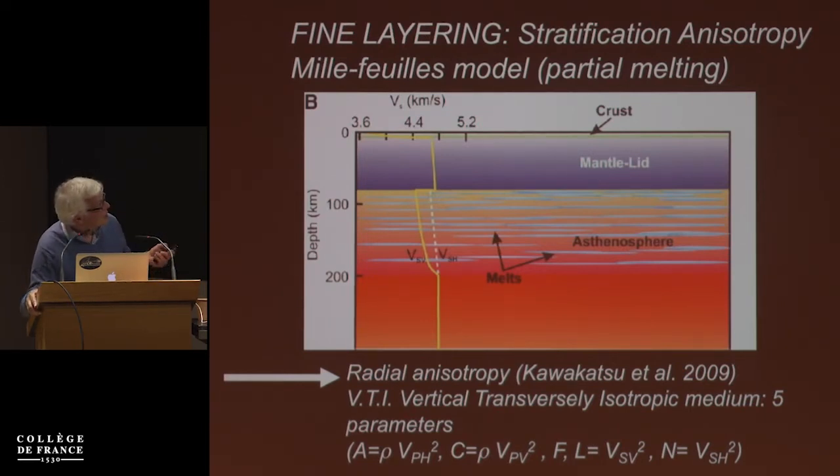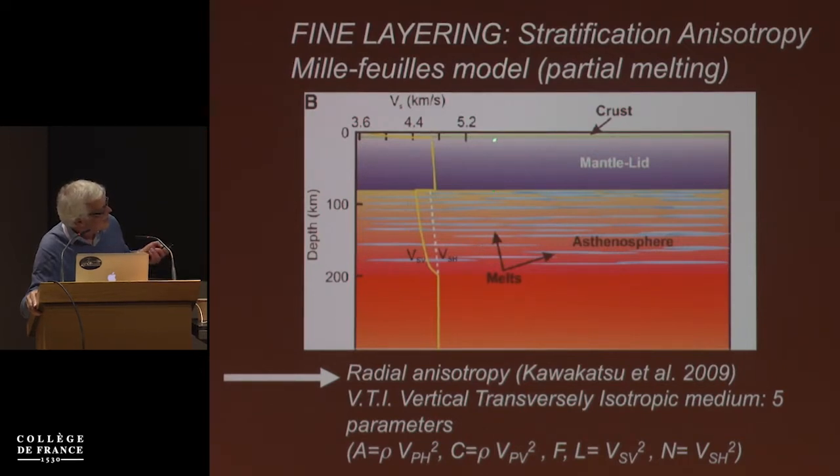It is a stratification anisotropy, when you have a fine layering, and it was proposed by Kawakatsu more than 10 years ago that in the asthenosphere we have this layering with solid mixing with melted layers. In that case, it is the simplest case of anisotropy, so it's quite theoretical.